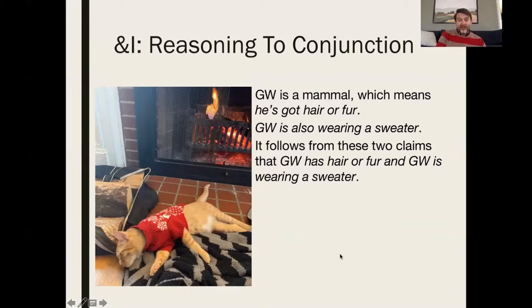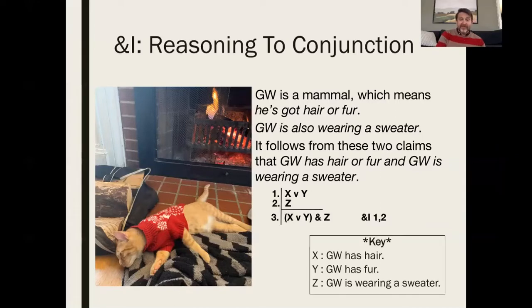So it follows from these two claims that Gary Wendell has hair or fur and that Gary Wendell is wearing a sweater. In other words, if we know these two things, then we also know that Gary Wendell has hair or fur, conjunction, Gary Wendell is wearing a sweater.